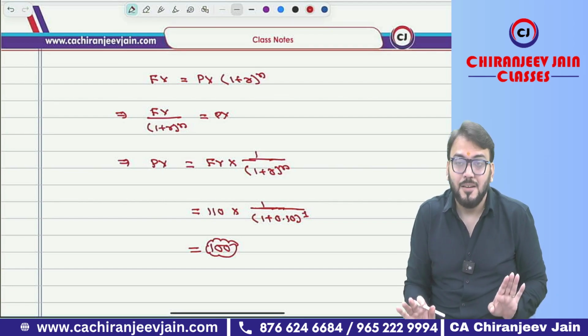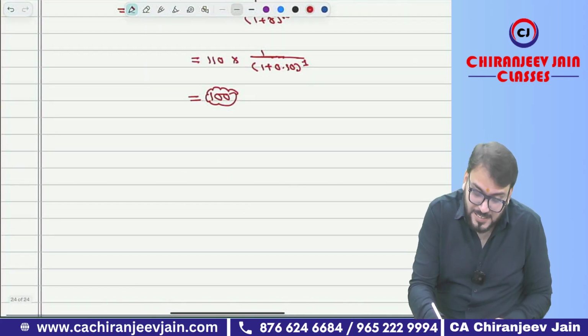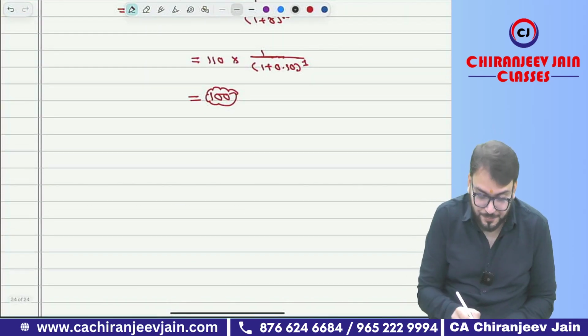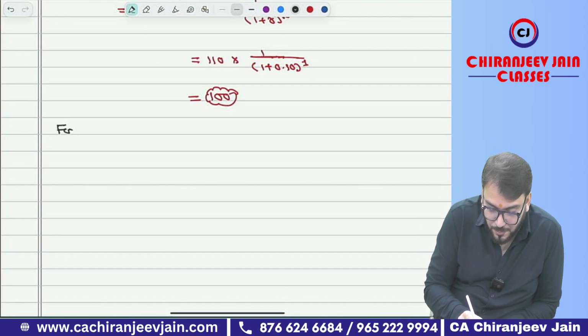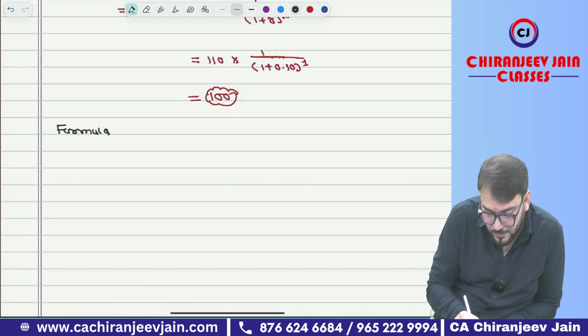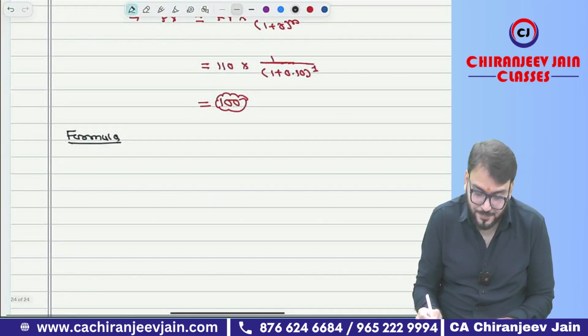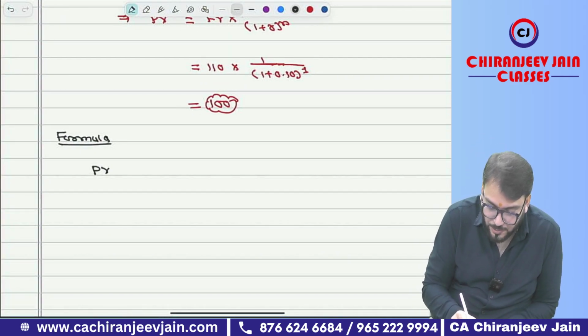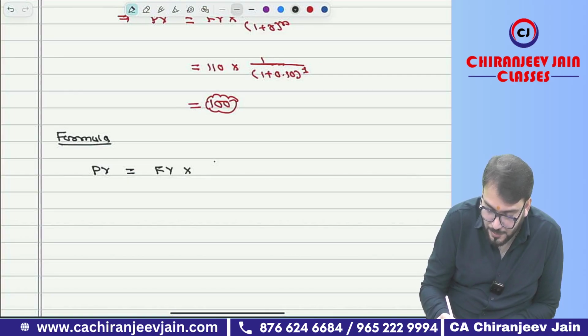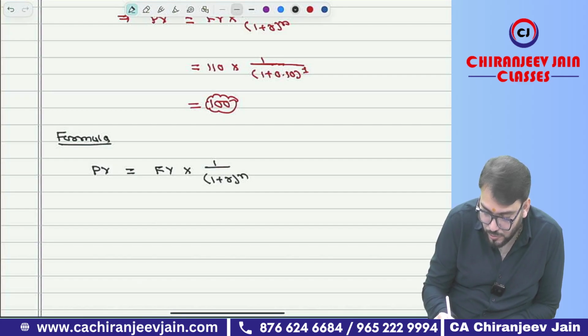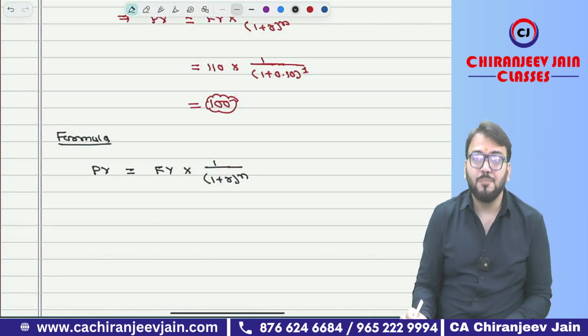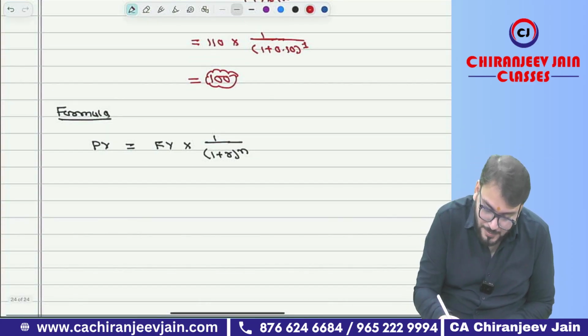This is the formula. But right now we'll discuss this much. Means, what is the formula? The present value is equal to future value multiplied by 1 by (1 plus r) to the power n.